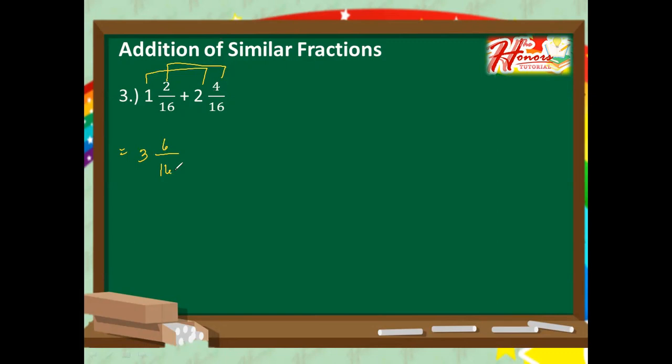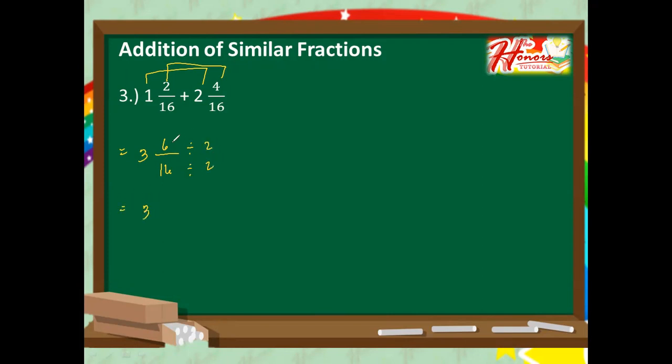And then I want you to check the fraction part, which is 6 over 16, if it has already been simplified. It's not. Why? Because there's still a number that can divide 6 and 16 at the same time without remainder. That is, you can use 2.